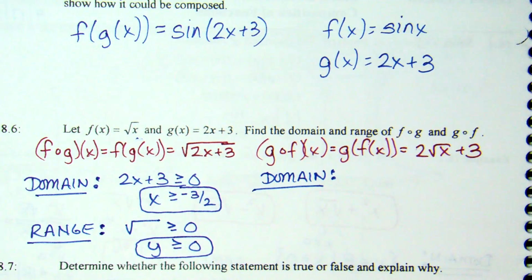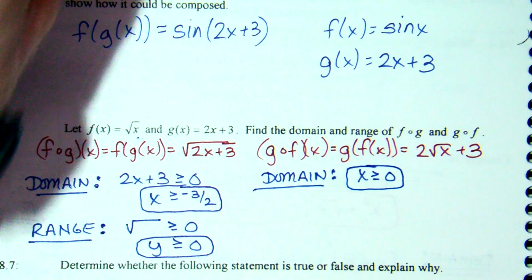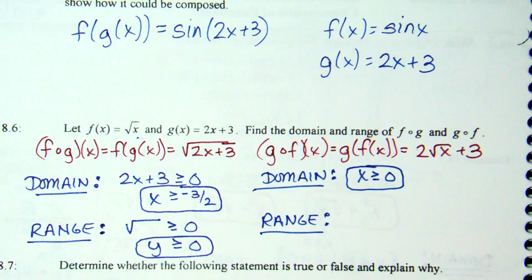Range. So range, the output values of the whole thing. Think about the output values of the whole thing. Okay. Y greater than or equal to 3. I agree. Because what do we know about this radical here?